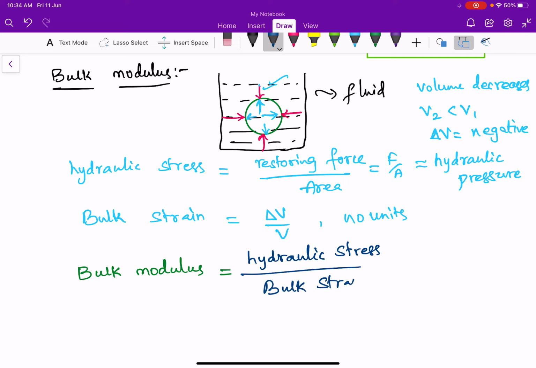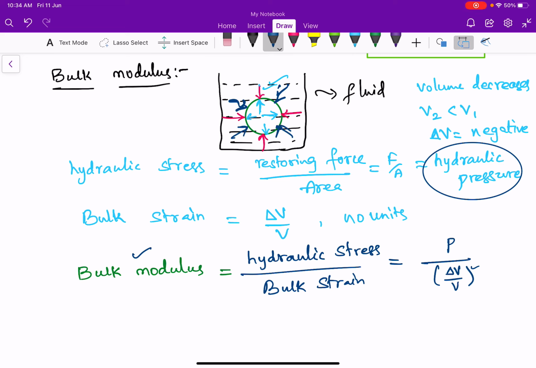Here hydraulic stress is also equal to hydraulic pressure P, divided by bulk strain, which is delta V by V. See here, bulk modulus should always be positive. Because of the force exerted by fluid on the object, the final volume decreases, so the change in volume will be negative. If change in volume is negative, bulk modulus will come out as negative. So it is not correct. We need to keep a negative sign here.